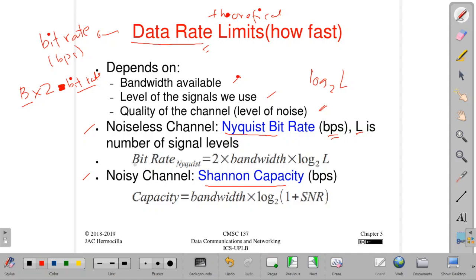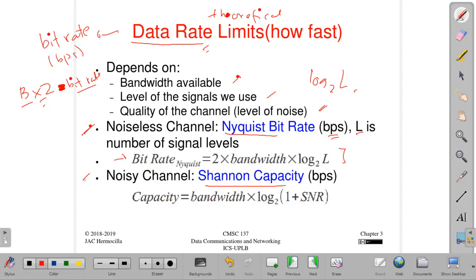Then the maximum is twice the bandwidth, shown here, multiplied by this one. So that is the theoretical limit, assuming that we have a noiseless channel, say in space or in a vacuum.